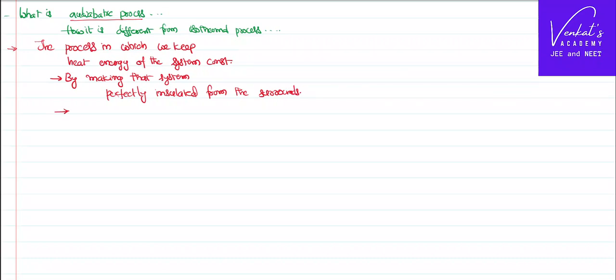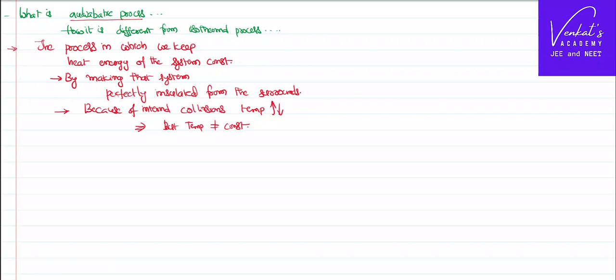As it is perfectly insulated, because of internal collisions, the temperature of the system may change, increase or decrease. That implies here heat energy of the system is kept constant, but temperature is not constant.